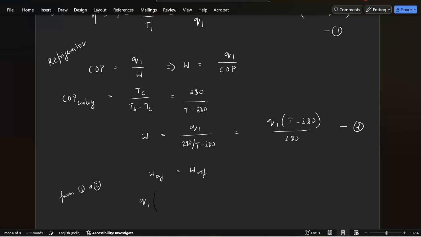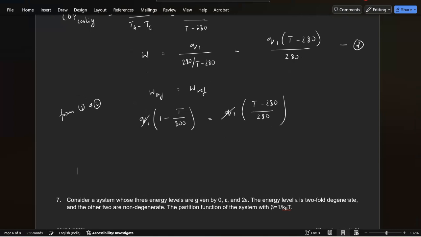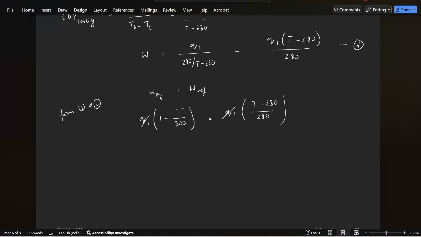So Q1 times (1 minus T by 800) is equal to Q1 times (T minus 280) divided by 280. So this Q1 and Q1 are equal, they'll get cancelled. Now we just need to simply cross multiply: 1 minus T by 800 equals T by 280 minus 1.